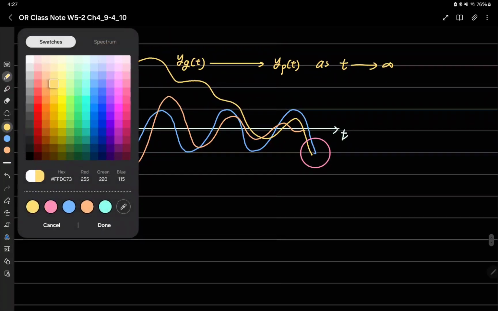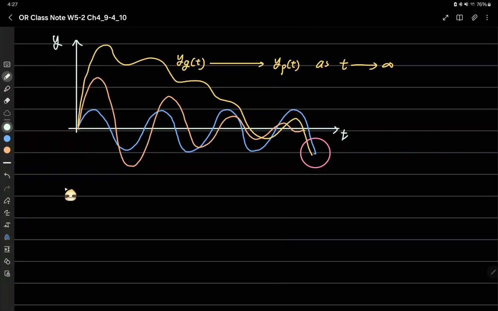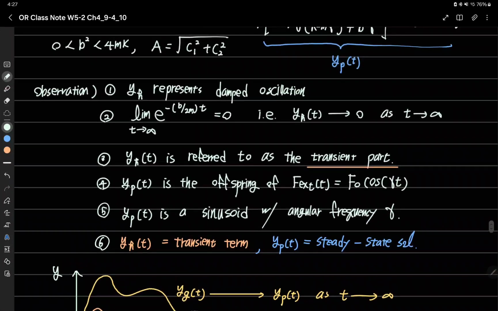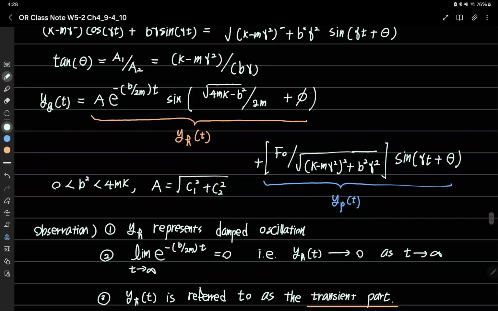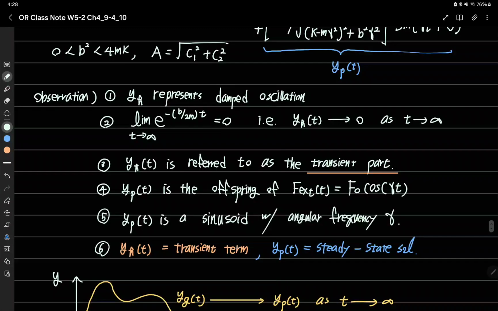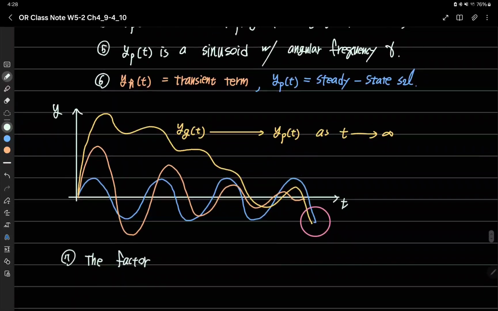Okay, the last observation, number 7. The factor 1 over, ignoring just F0, this fraction, 1 over the square root of (k minus m gamma squared) squared plus b squared gamma squared, is referred to as the frequency gain or gain factor.